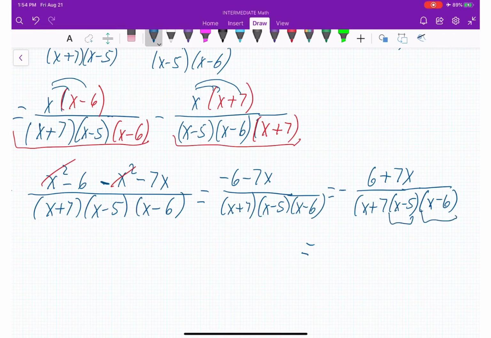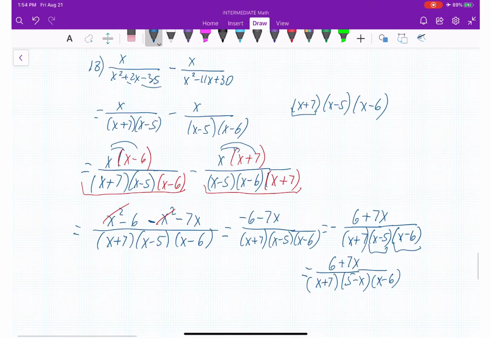Well, I'm going to flip x minus 5 and get 5 minus x. So (x plus 7)(5 minus x)(x minus 6). And in the numerator, I have 6 plus 7x. That is the answer.